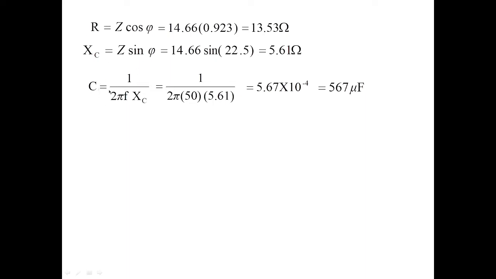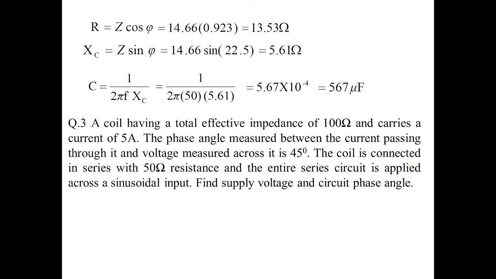Resistance and capacitance are the other parameters of the circuit which needed to be obtained according to the given problem. In the next problem, you can see a coil having a total effective impedance of 100 ohms and carrying a current of 5 amperes. The phase angle measured between the current passing through it and the voltage measured across it is 45 degrees.